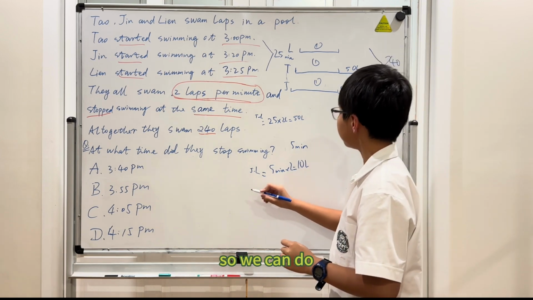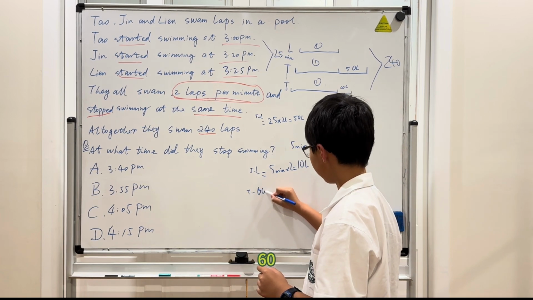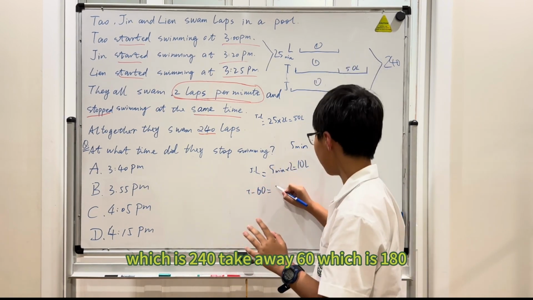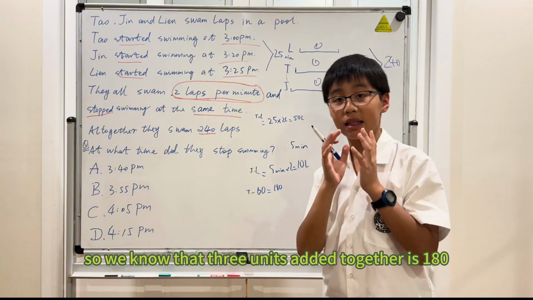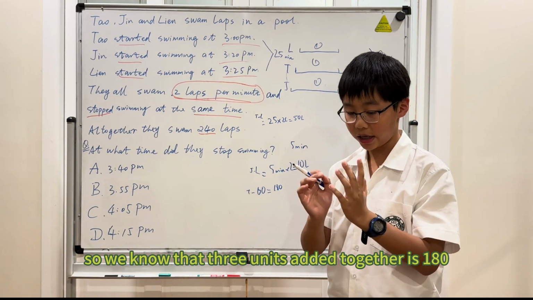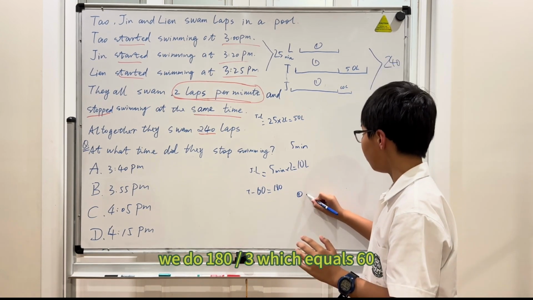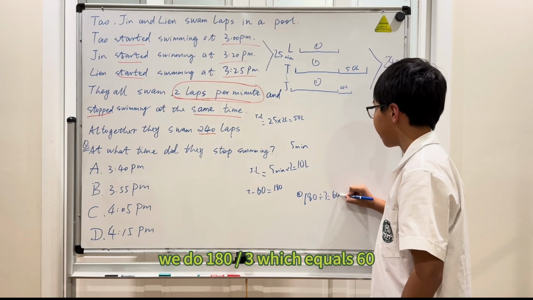So we can do total take away 60, which makes 240 take away 60, which is 180. So we know that 3 units added together is 180. So to find 1 unit, we do 180 divided by 3, which equals 60.